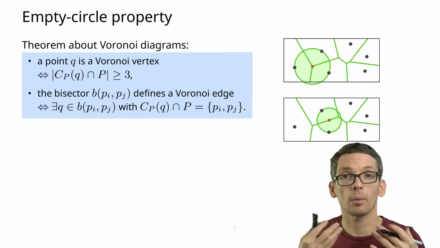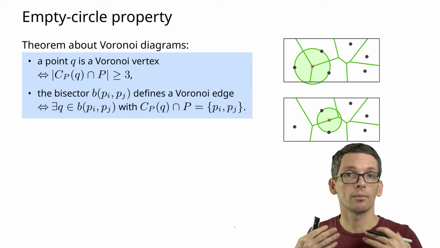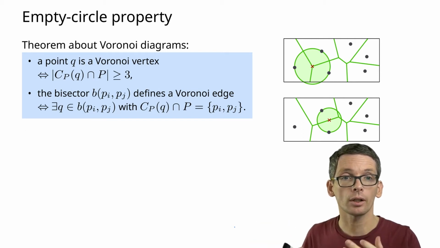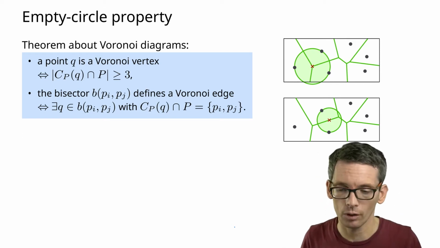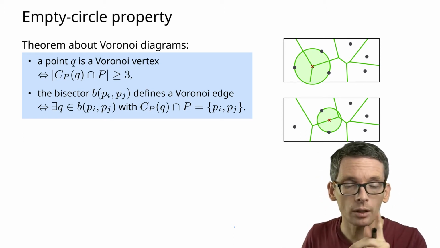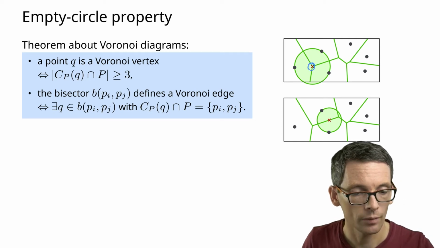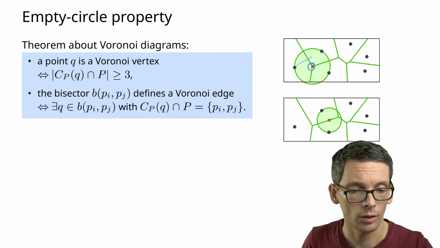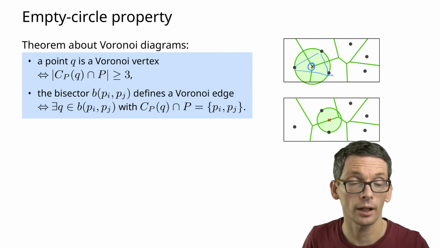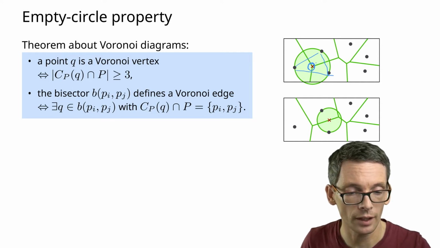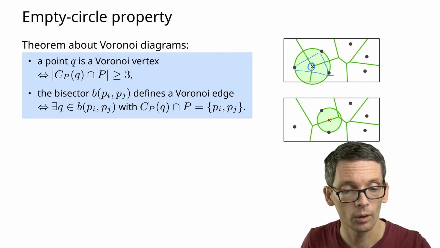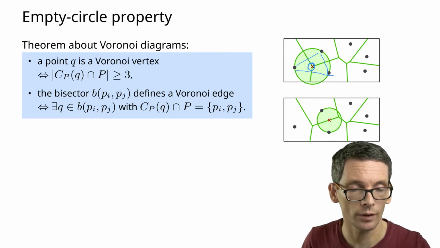So this is a statement about Voronoi diagrams, but we're making the statement right now to characterize Delaunay edges and Delaunay triangles or faces of the Delaunay triangulation. Because what does this mean? We will have a face in the Delaunay graph here surrounded by these 3 edges, and we can characterize this face by having an empty circumcircle through the vertices of that face.